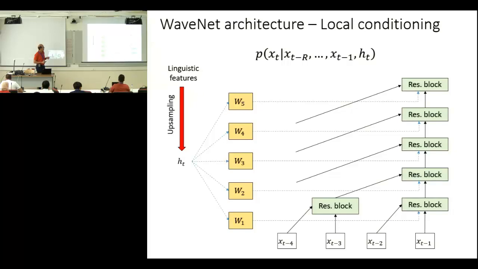However, the linguistic features are measured in every frame, which might be, for example, every 5 milliseconds. So we have different sampling rates. For this reason, we have to upsample this one so that the sampling rate of the linguistic information matches exactly the sampling rate of the speech.